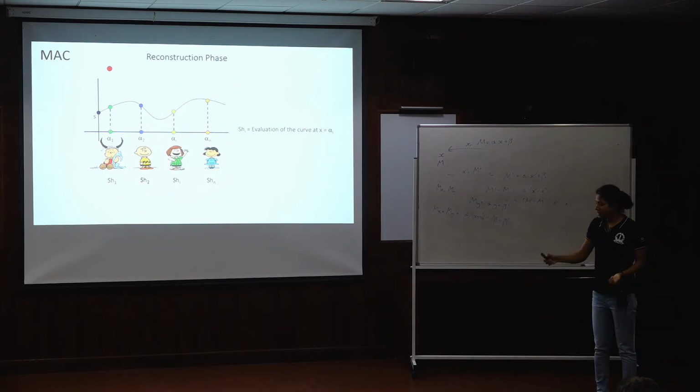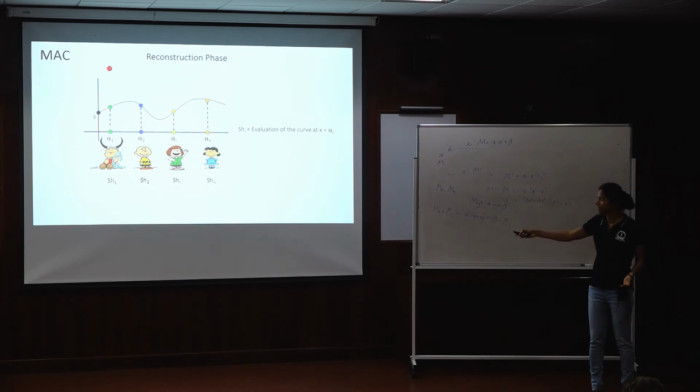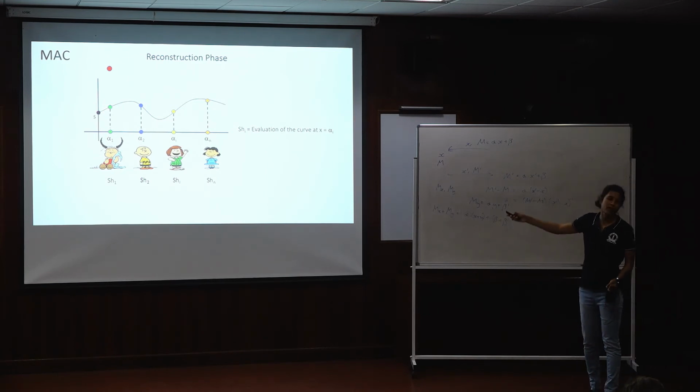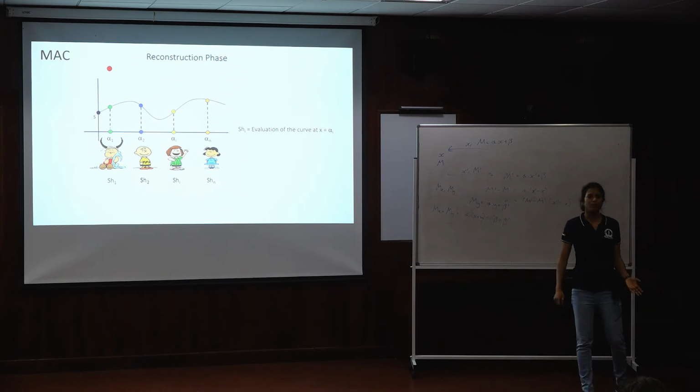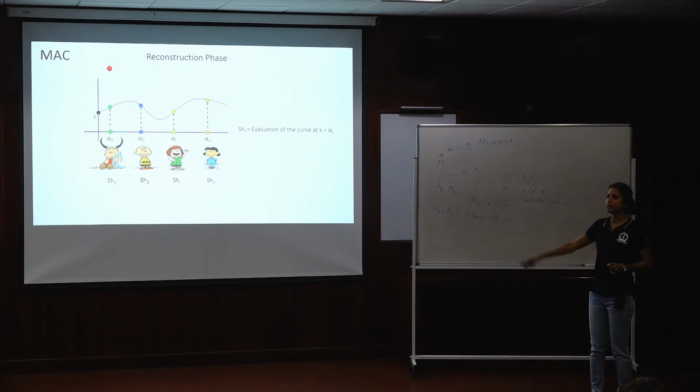In the reconstruction phase, it can simply broadcast or reveal a point which is different from the original one. The original point was the green one, but let's say he has chosen to broadcast this red point.